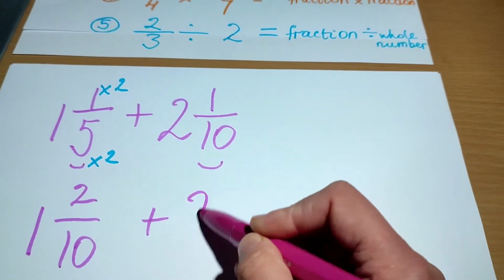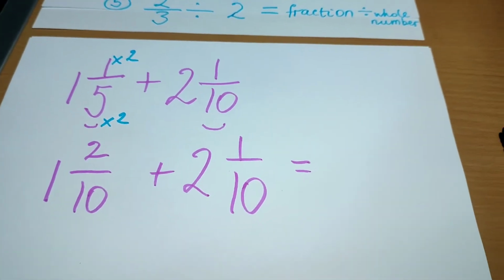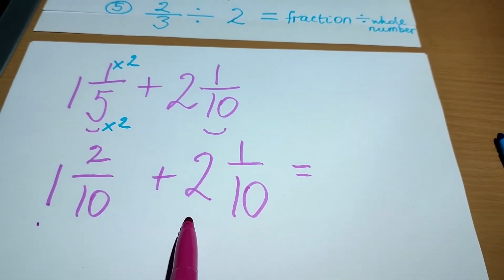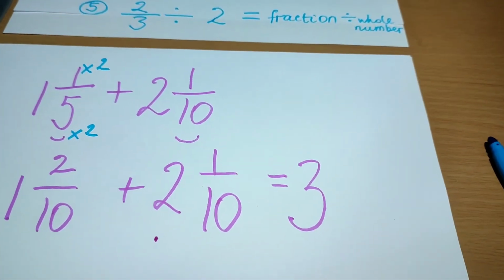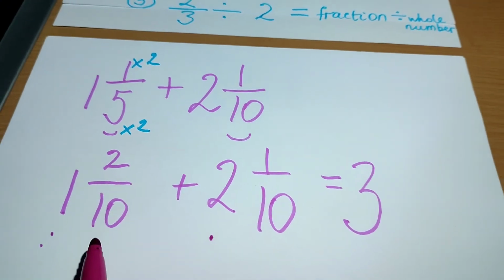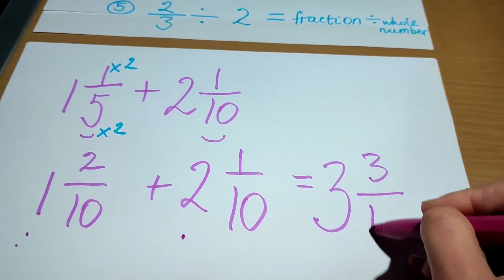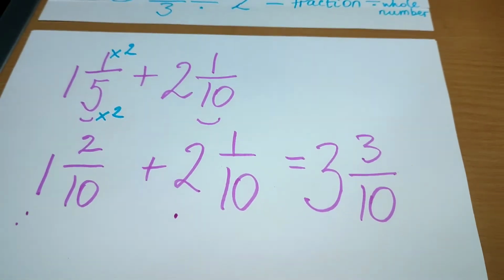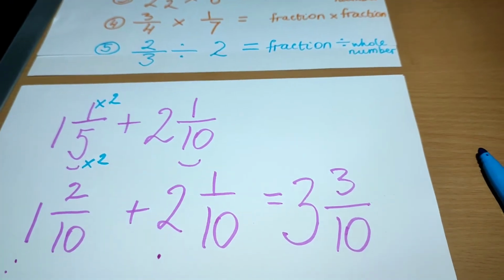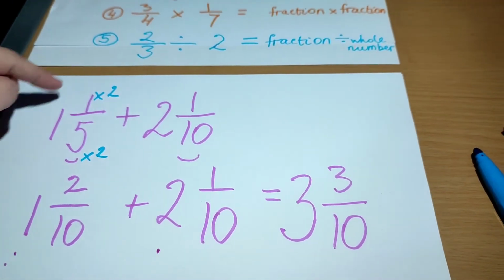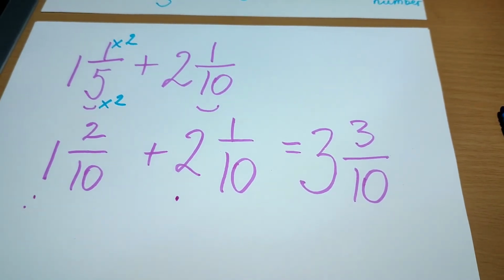And this fraction stays the same, 2 and 1/10. So what we do, we are adding first our whole numbers. 1 add 2 is 3, yeah? And then we are adding our fractions. 2/10 and 1/10 is what? 3/10. That's your answer. So can you see? Easy. So when you have an addition, you don't have to turn your mixed numbers into improper fractions because you can work it out as it is.